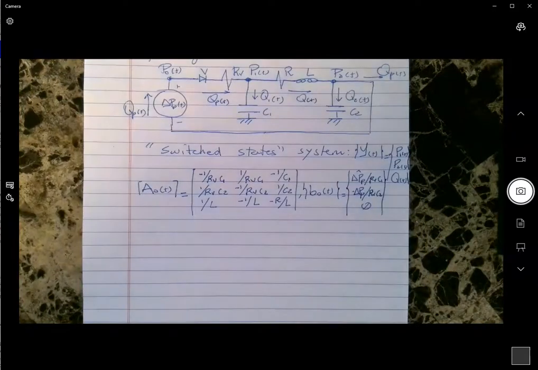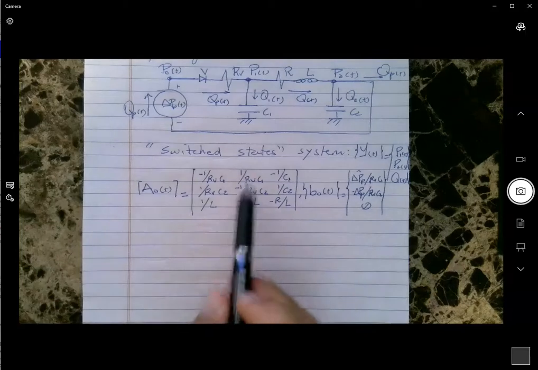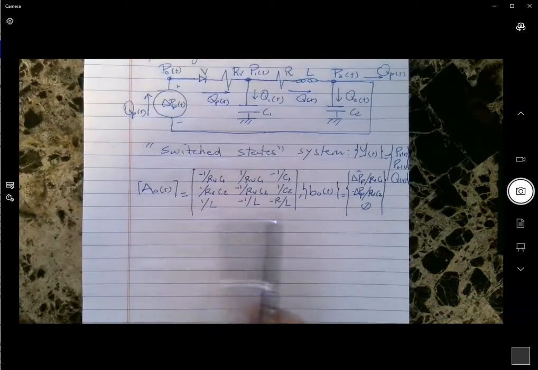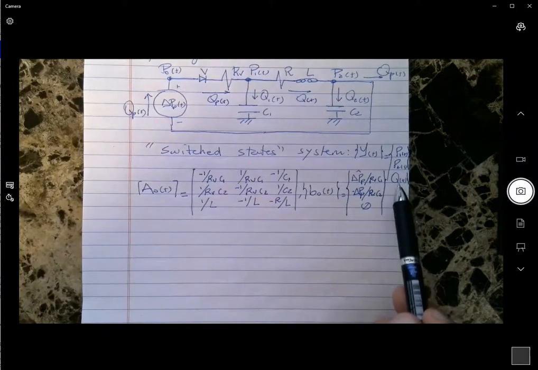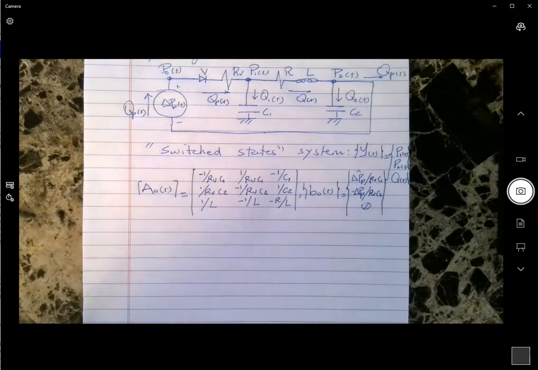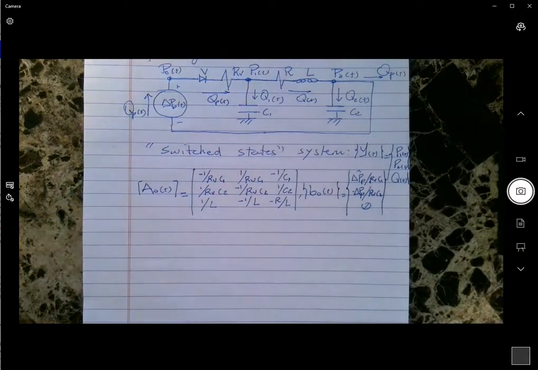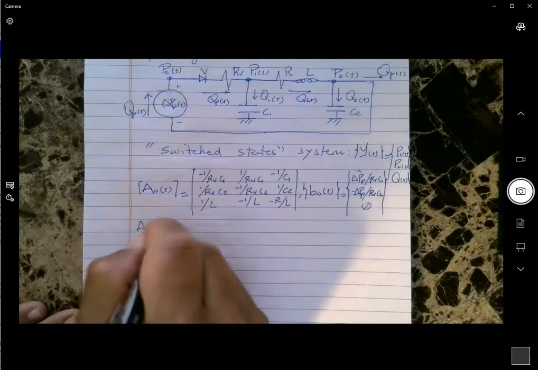So that's exactly the same as what we derived last lecture, but we just switch columns 2 and 3 and rows 2 and 3 to account for the fact that this is the order in which the state variables are written out, P1, P2, and Q. And in the notes for last lecture, we wrote them as P1, Q, and P2. So the equations are the same, it's just with a different order.